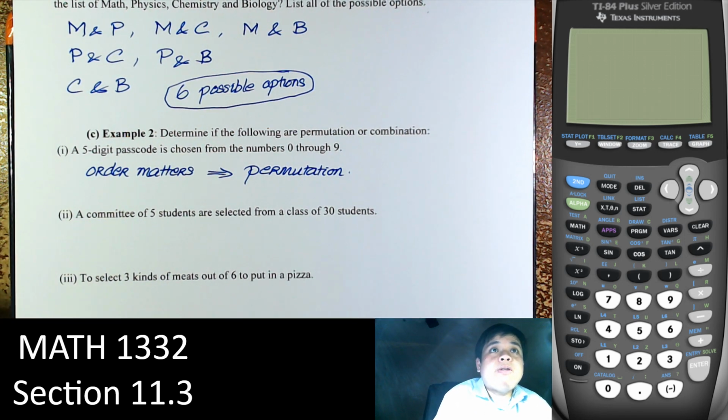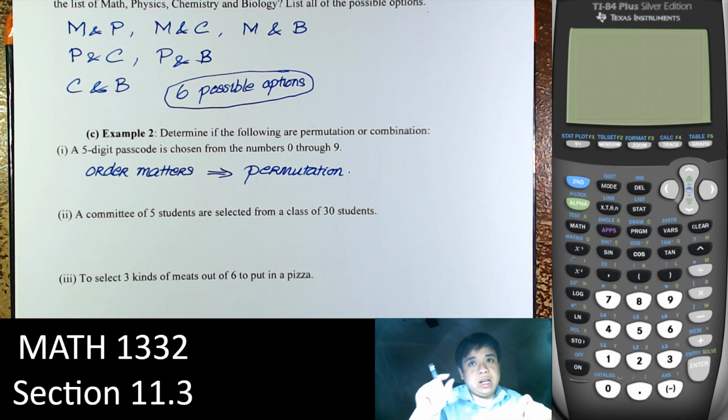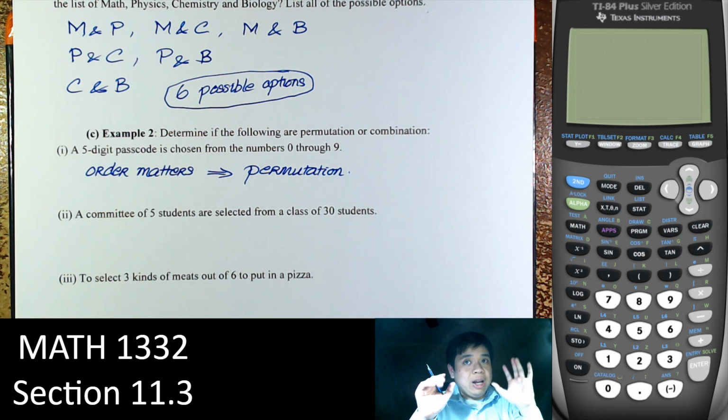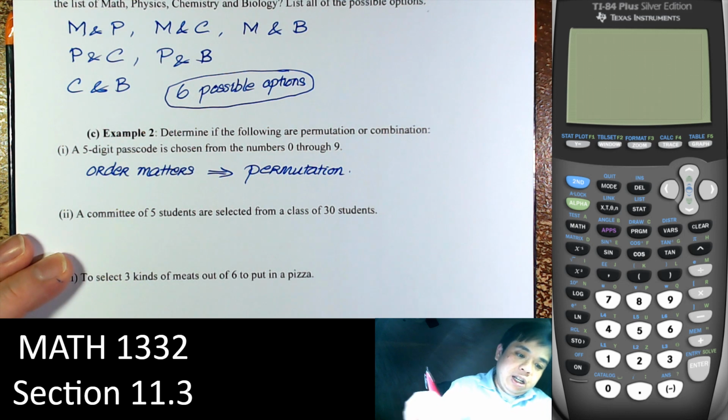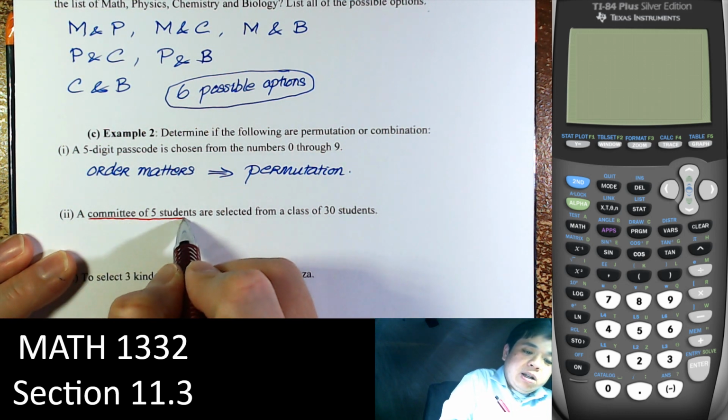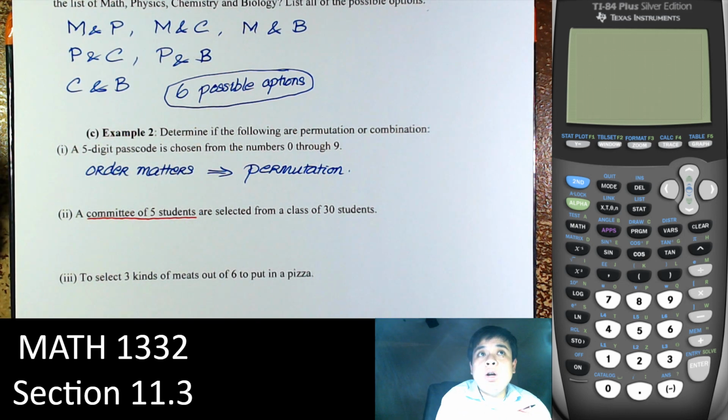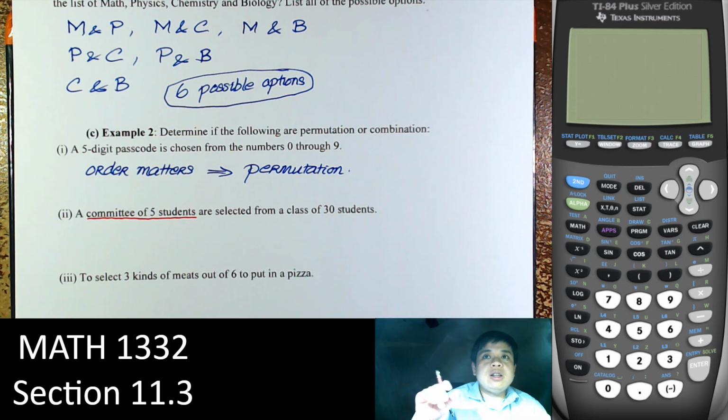A committee of 5 students are selected from a class of 30 students. Even though when you select the students, you select the first one, there are 30 options, then the next one 29. However, this is a committee. We just say a committee of 5 students, so the roles are the same. The student chosen first does the same thing as the student chosen fifth.